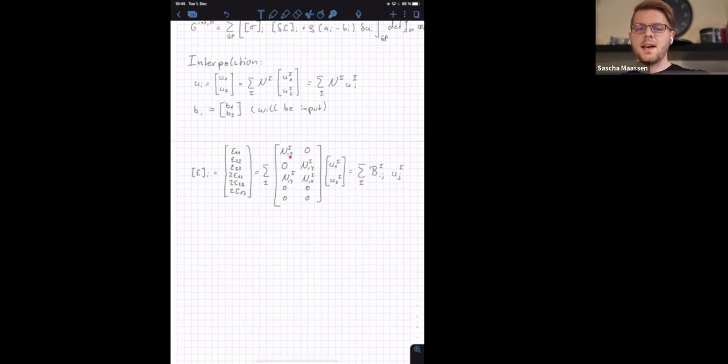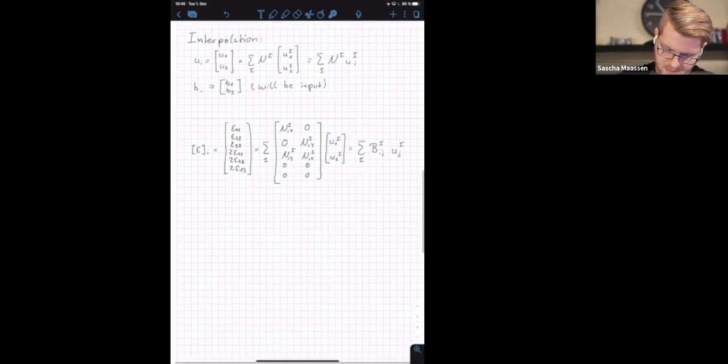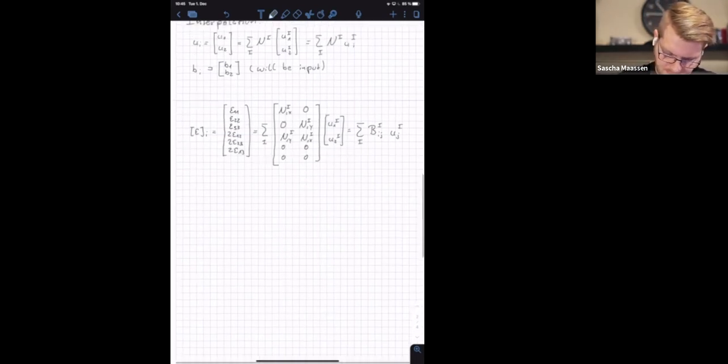Comma x in this case means we have derived the shape function with respect to x, so the physical coordinate. So let's take care of this more specifically.